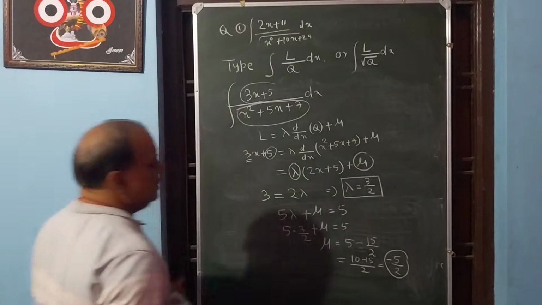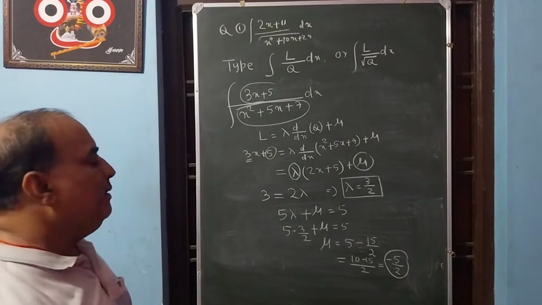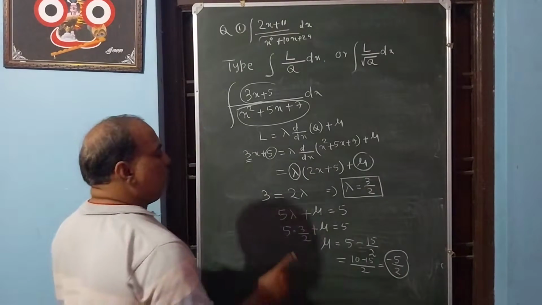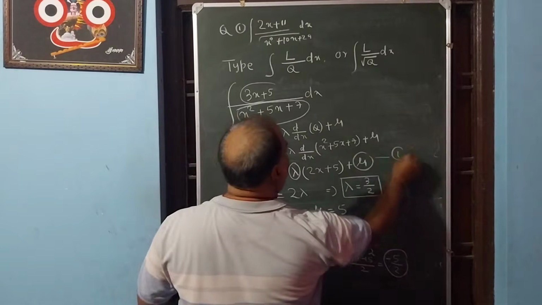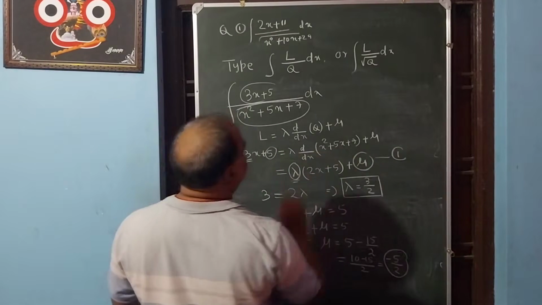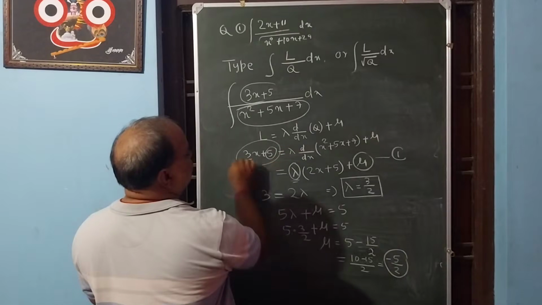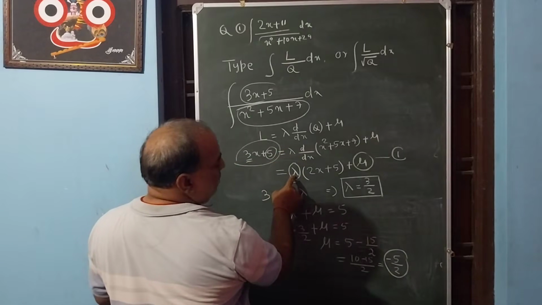Okay? So mu and lambda can be found out. Now putting the values of lambda and mu, in place of 3x plus 5 we have to put lambda and mu.